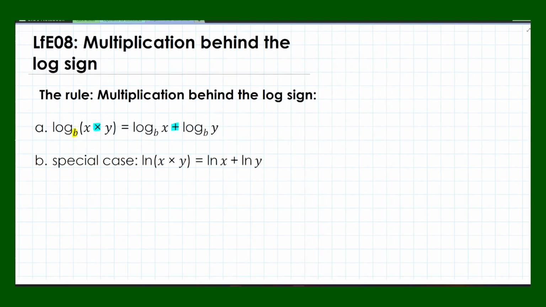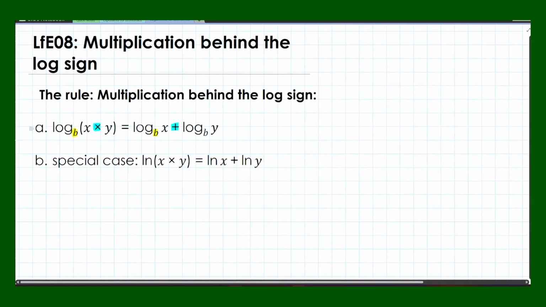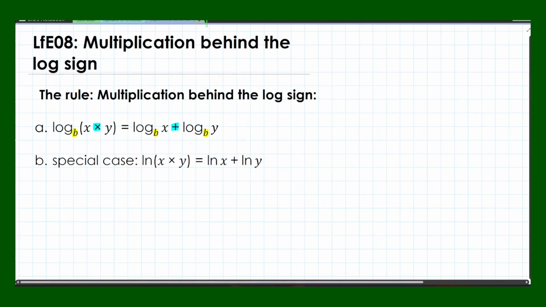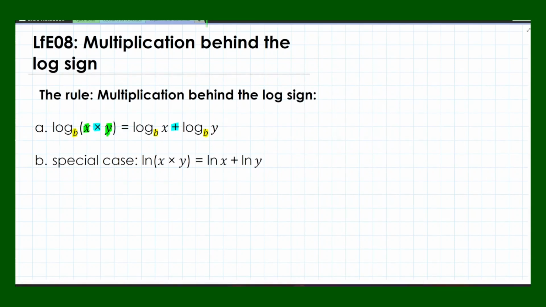Importantly, the logs have the same base as the original log, and the arguments are now separated into individual arguments. In the original expression, we had a multiplication of two different quantities behind the log sign. Now, on the other side of the rule, we have individual arguments behind each of those log signs.